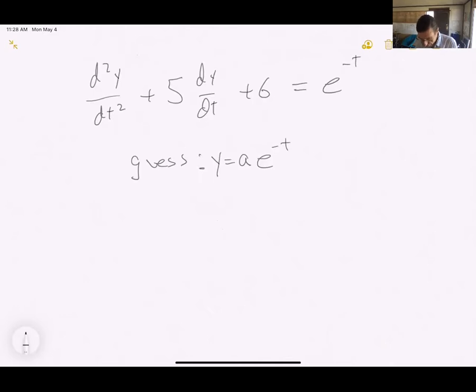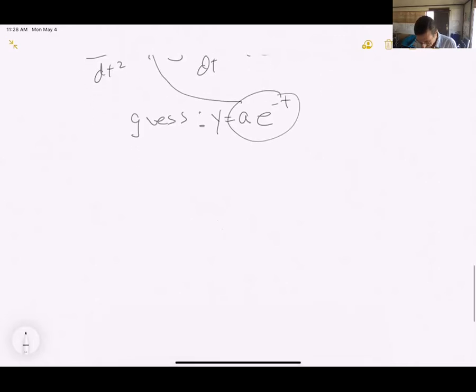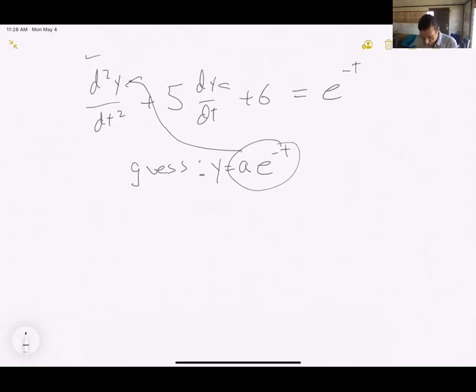We're going to just plug this into y here and here, and then we'll get an equation for A. So if y is A e to the minus t, then what is the second derivative of y? What's the first derivative?